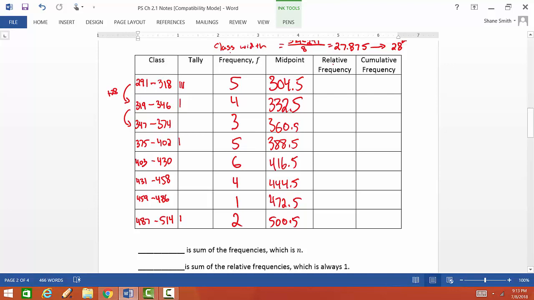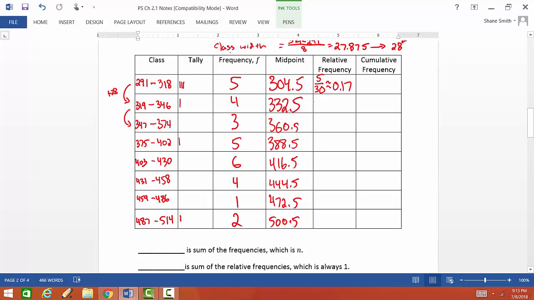For example, if there are 5 data values between 291 and 318, I take 5 and divide by the total number of data values, which is my sample size, n, which in this case is 30 females that we got data points from. That's 5 divided by 30, which is 0.17. So 0.17 of the data, or 17% of the data, is between 291 and 318.